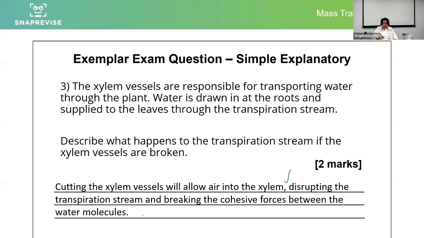As we said, the cohesion and adhesion forces have to be in a continuum in order to allow the uninterrupted movement of water up the xylem, which is effectively moving against gravity. So one mark goes for saying what's going to happen to the xylem vessel: it's going to disrupt the transpiration stream. And the second mark goes for explaining what is going to happen to the cohesive forces between water molecules.